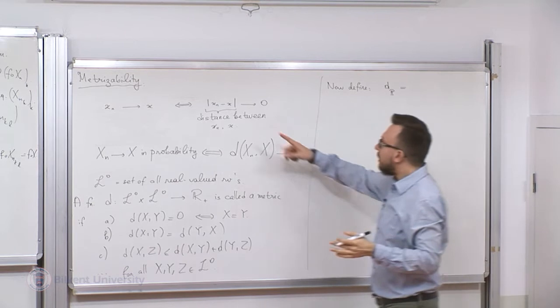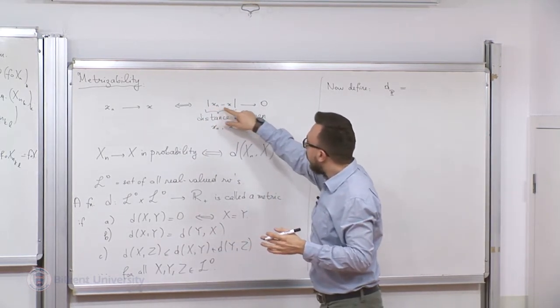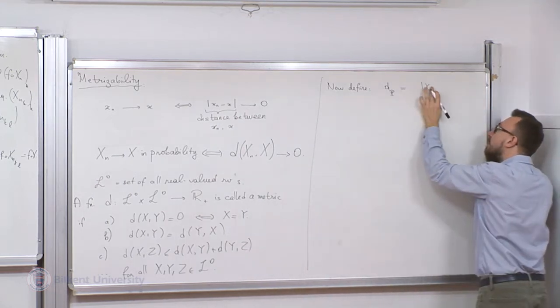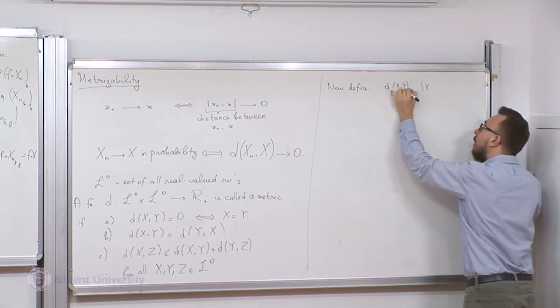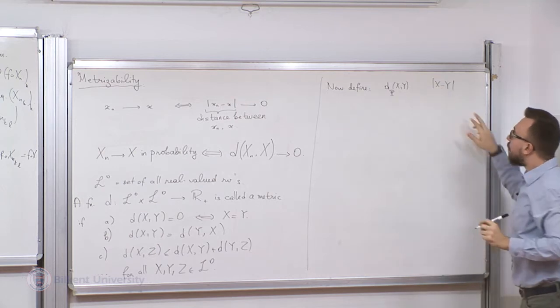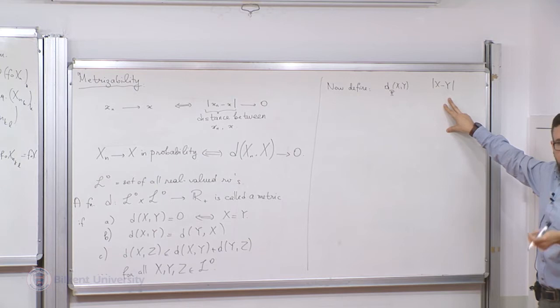If you measure the distance between two real numbers by the absolute value of their difference, we can do the same thing here, right? X minus y. Sorry, I forgot to put x and y. The problem with that is that this is not a number, this is a random variable.